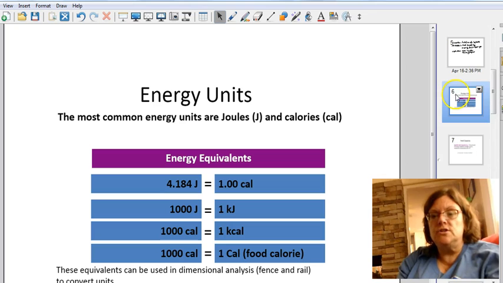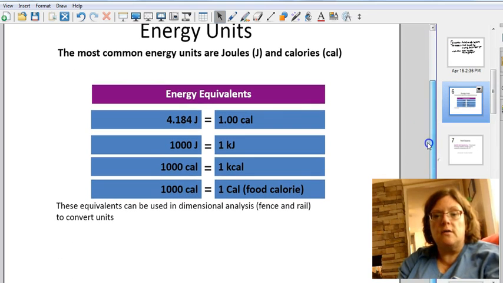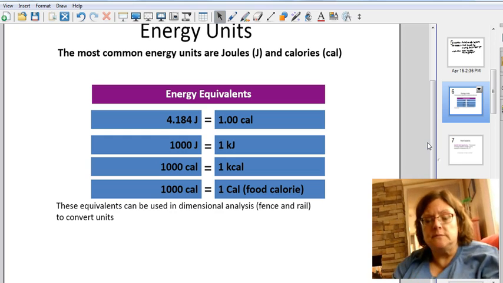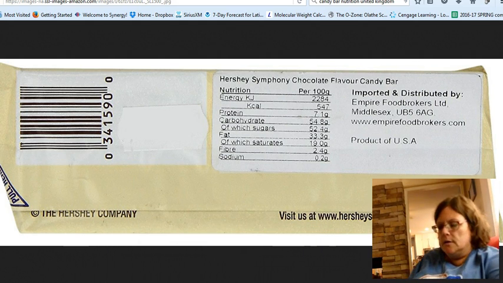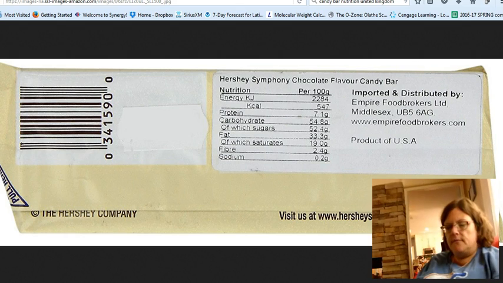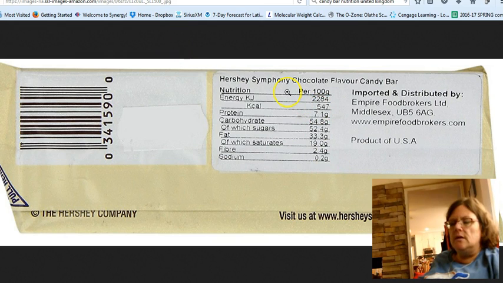The most common energy units that we're going to come in contact with are joules and calories. Here is a food label for a Symphony chocolate bar, and you can see on their label energy is in both kilojoules and kilocalories.